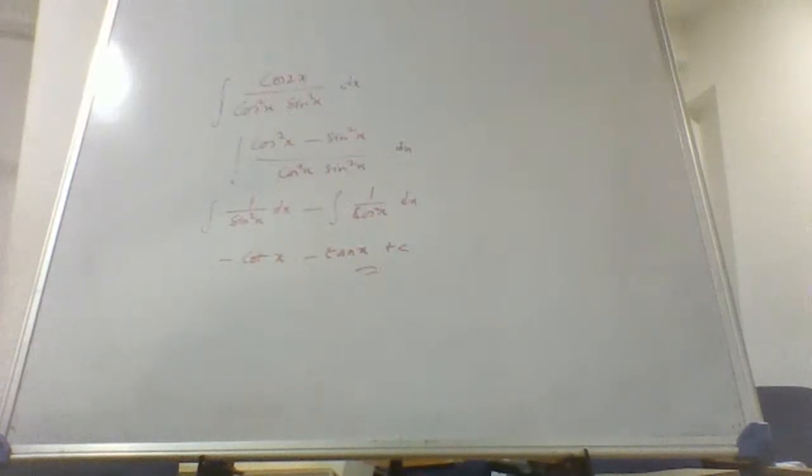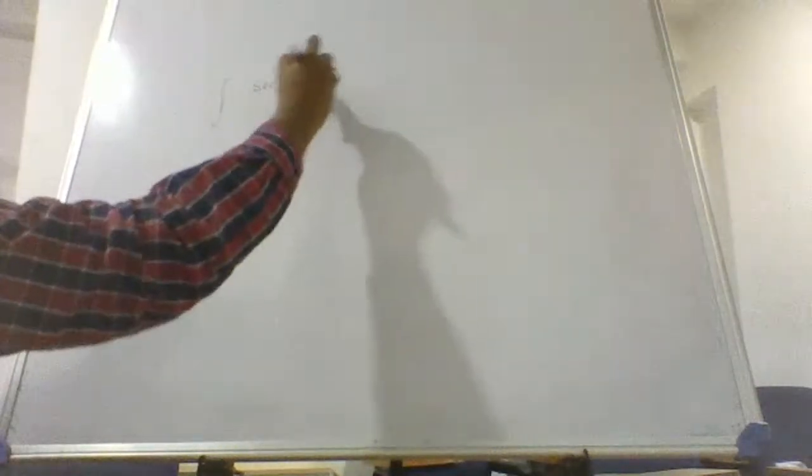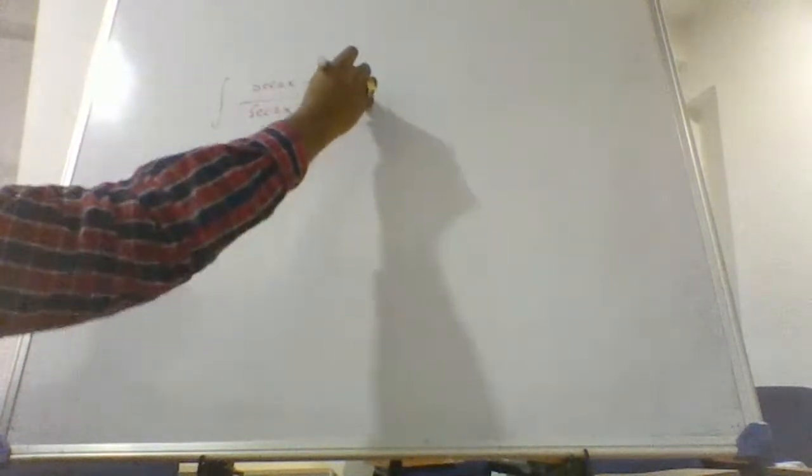Okay, let us move further. Let us try to solve another problem which has the integral of the function. Suppose I have the integration of (secant 2x minus 1) divided by (secant 2x plus 1) dx. Now secant can be written as 1 by cos, so I will take it to the other side.